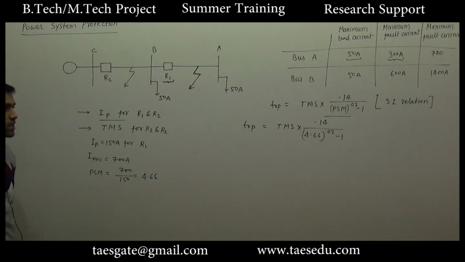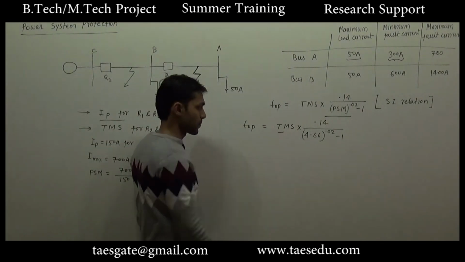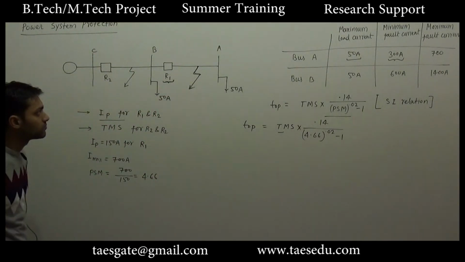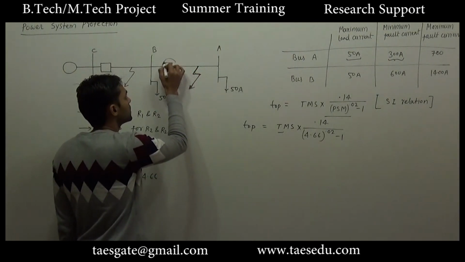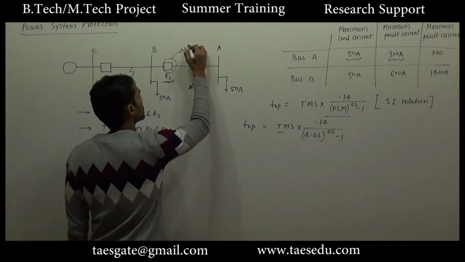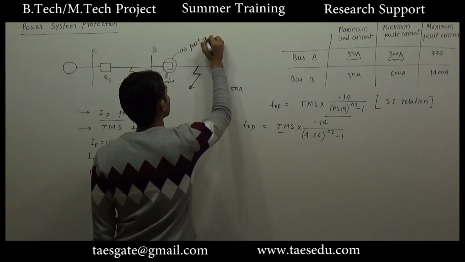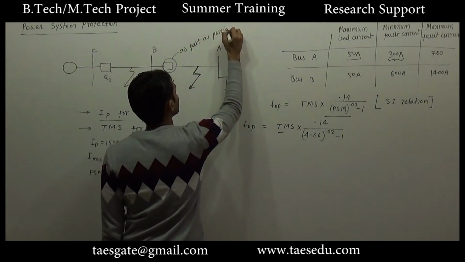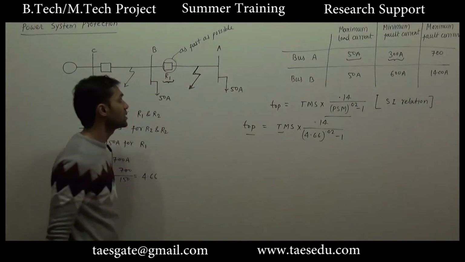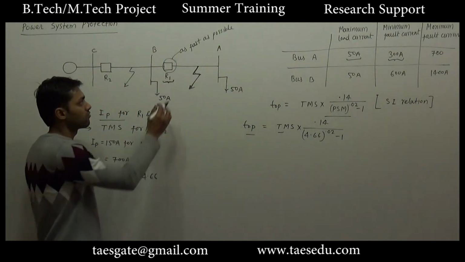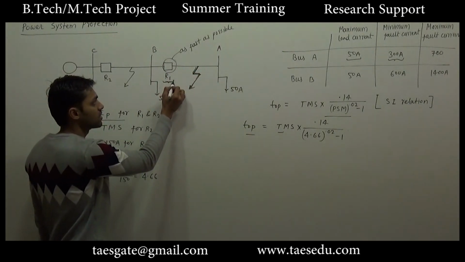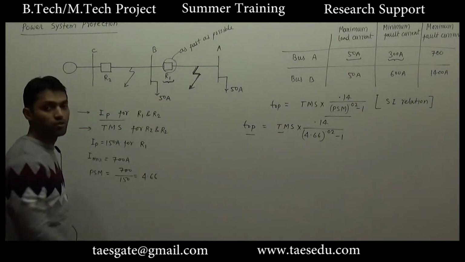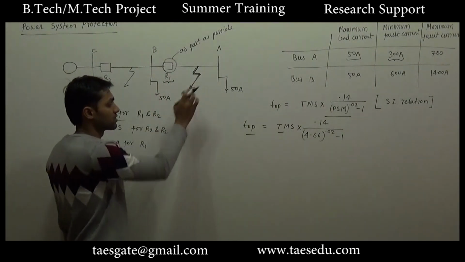Now what should be the value of TMS? As I said earlier, TMS is something we can choose. As far as this fault is concerned, we want this relay to operate as fast as possible, because R1 will provide the primary protection for this fault.